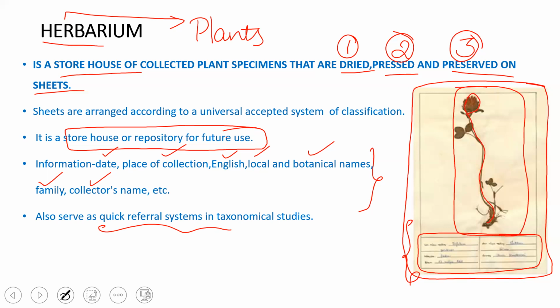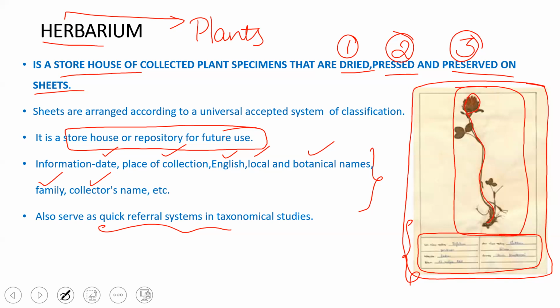So it can be taken as a quick referral for the same person who is studying in that particular institute, or for the person who has collected, to gather more information, more facts about the different varieties of the plant. So like that, there are so many criteria for a person to analyze the herbarium, and all these will help him for future use. Okay, that is most important.